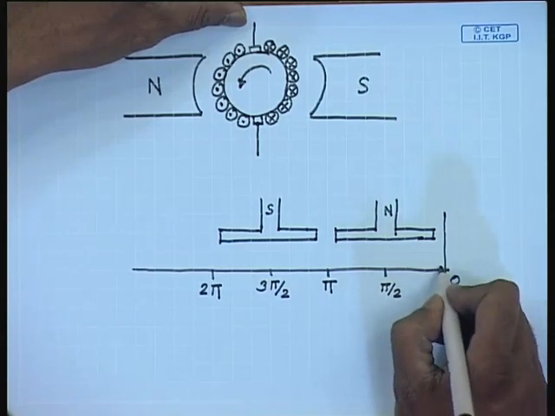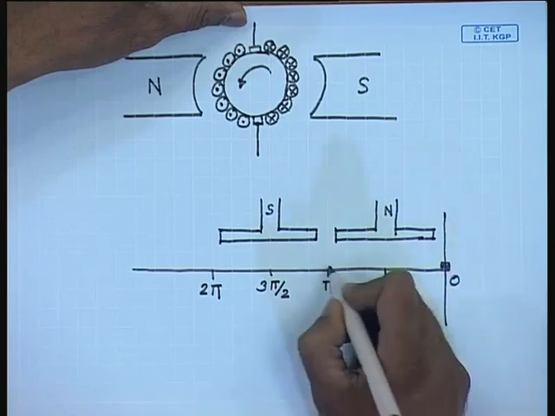So, these are the armature, one brush is here, the other brush is here.